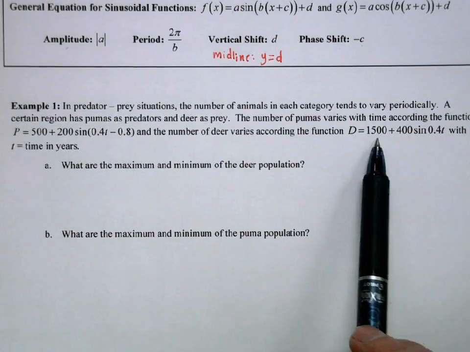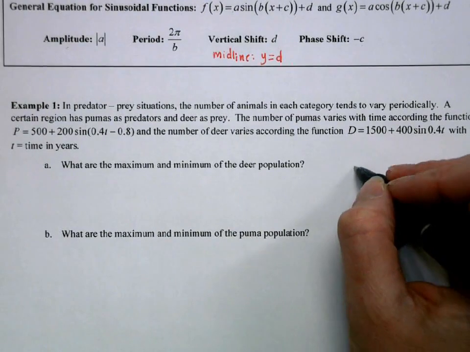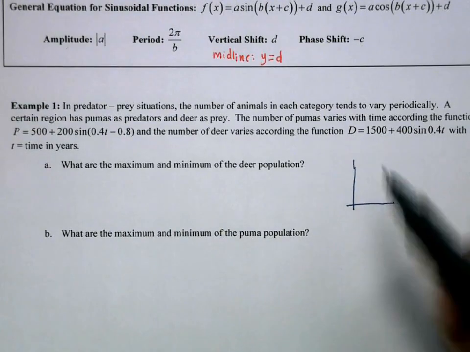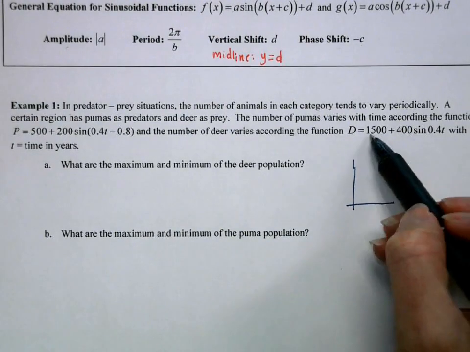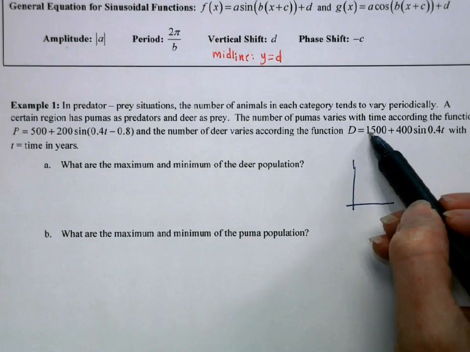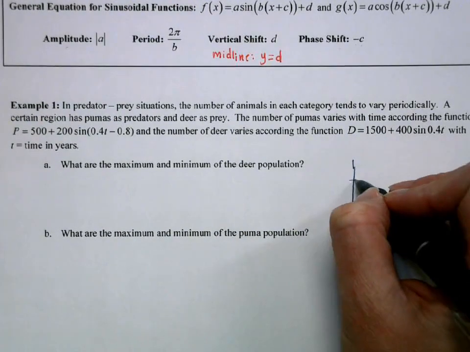Okay. The two key pieces of information that we're going to need here are the vertical shift and the amplitude. Okay, so my vertical shift, it's written in the front, but we're still just adding 1500. That's my midline.